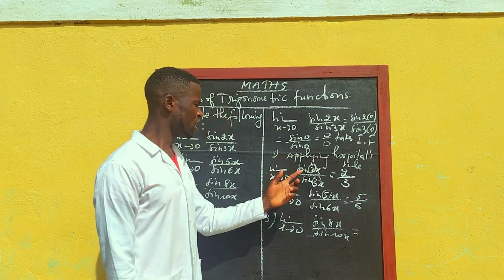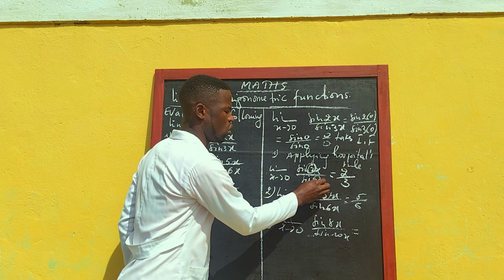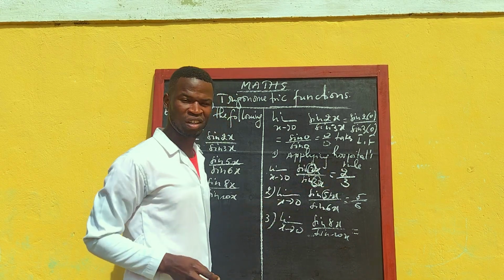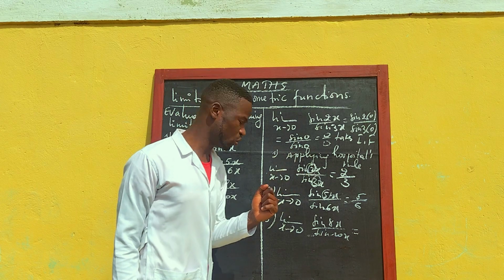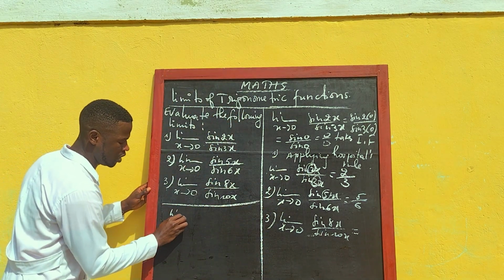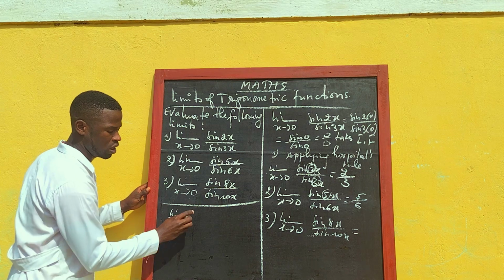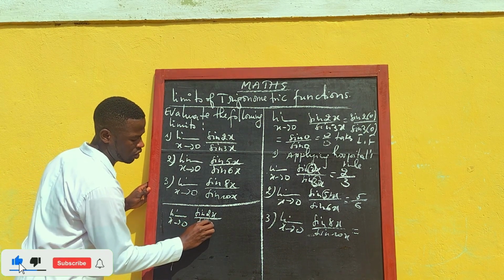This will be equal to the angle 2 over the angle 3. This is the same as for the person who applied L'Hospital's rule. For example, from here we have the limit as x approaches 0 of sin 2x over sin 3x.